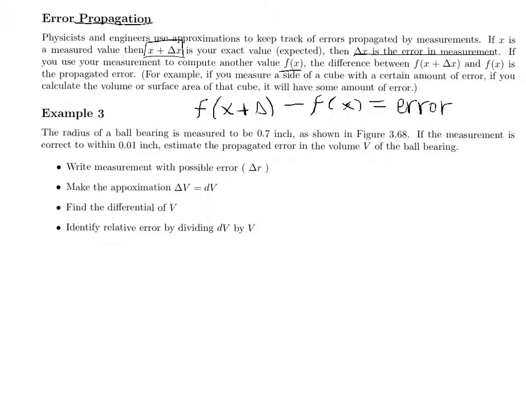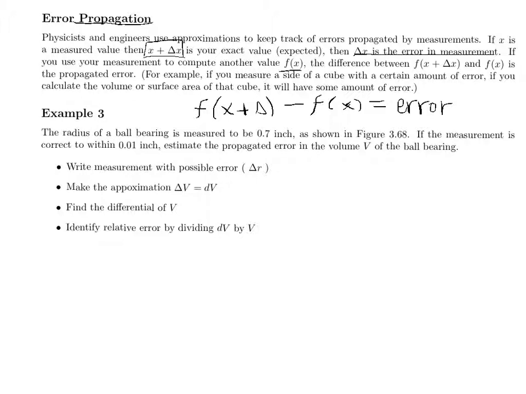Here is an example. If we have a ball bearing, which is a sphere, and we measure the radius to be 0.7 inch, 7/10 of an inch, and we know that it is correct to within 0.01 inches, we're going to estimate the propagated error for the volume, if we find the volume.